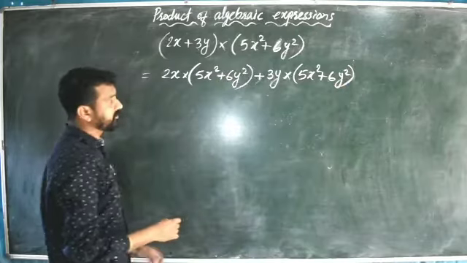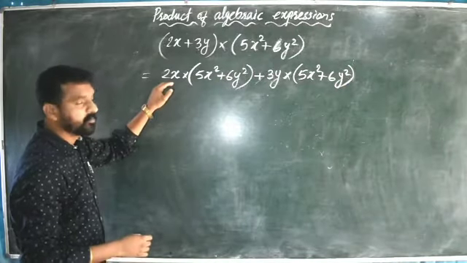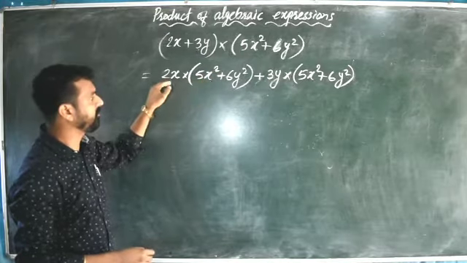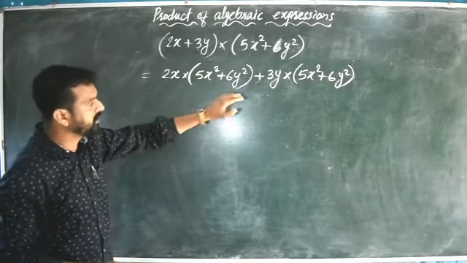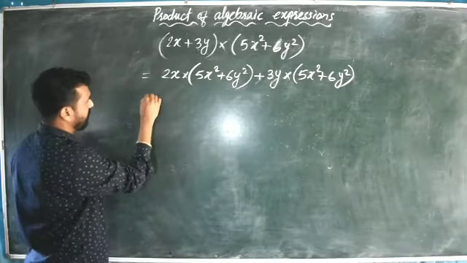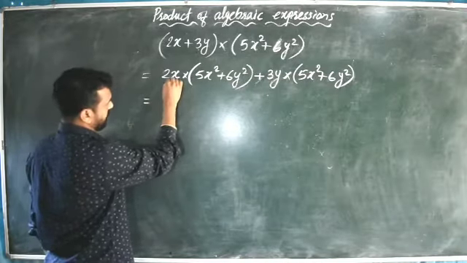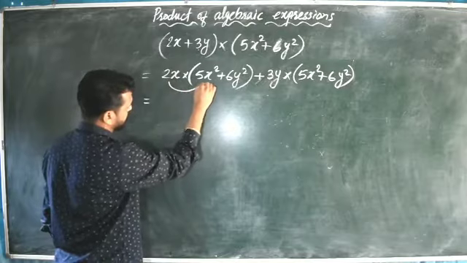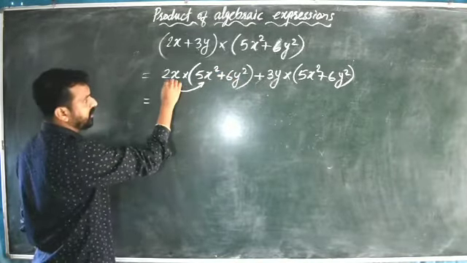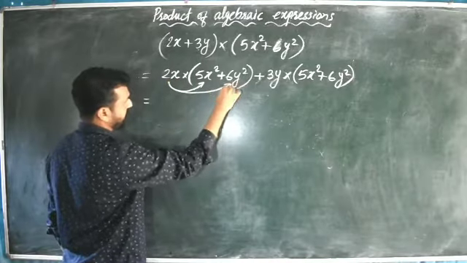Now you see, it becomes a monomial into a binomial. Already we have studied how to multiply a monomial into a binomial, and here also it is a monomial into a binomial. Now multiply this monomial into a binomial: monomial into first term of the binomial, after that, what is the sign you have to write, monomial into second term of the binomial.